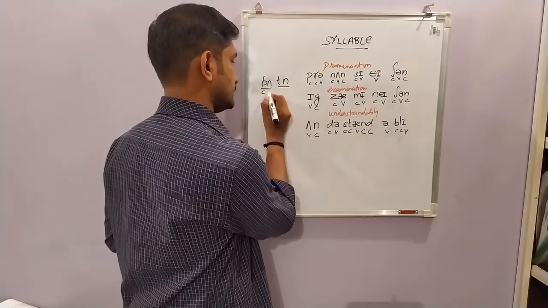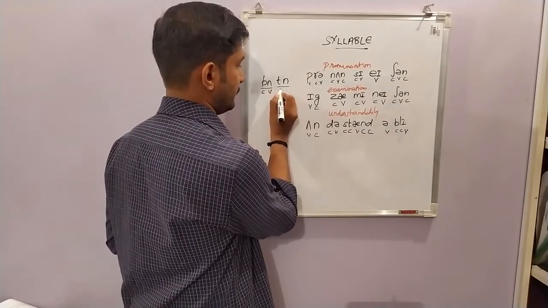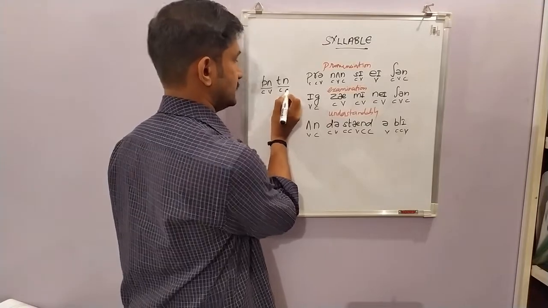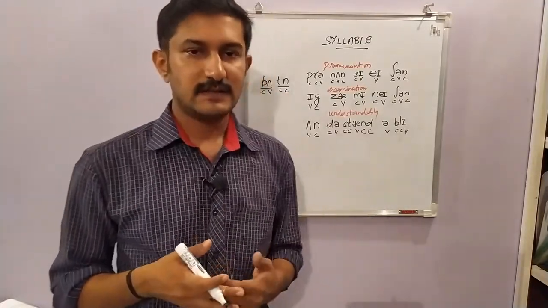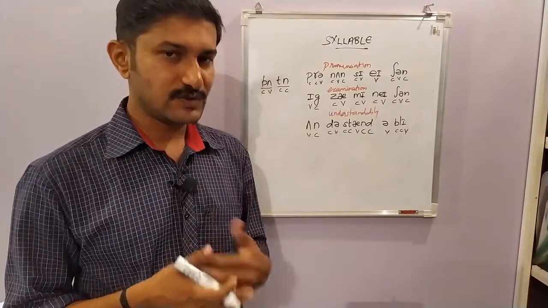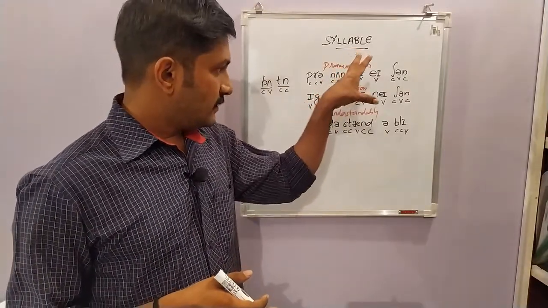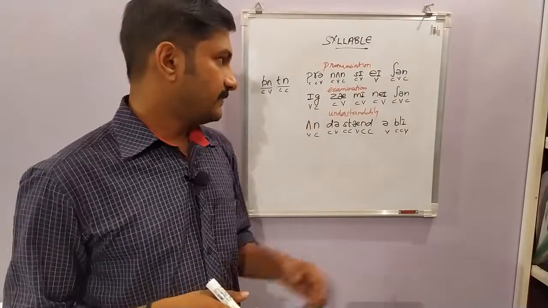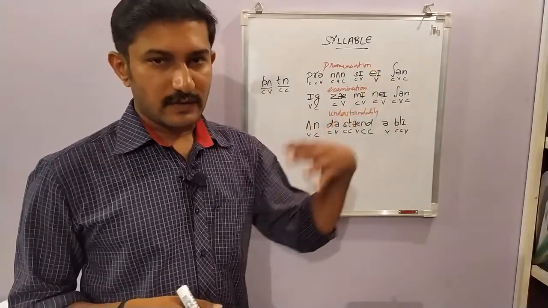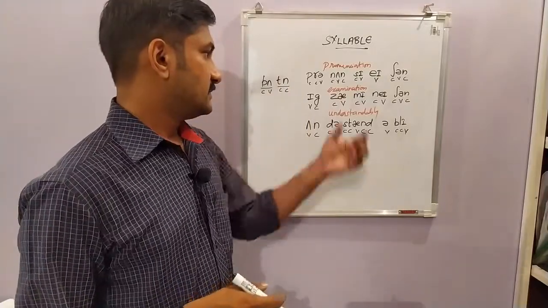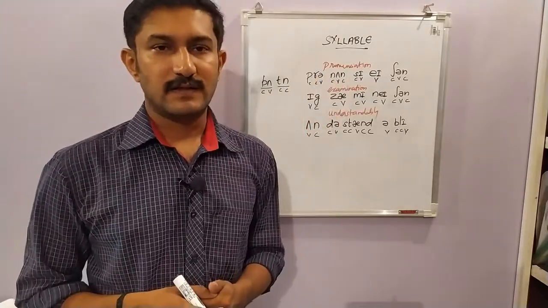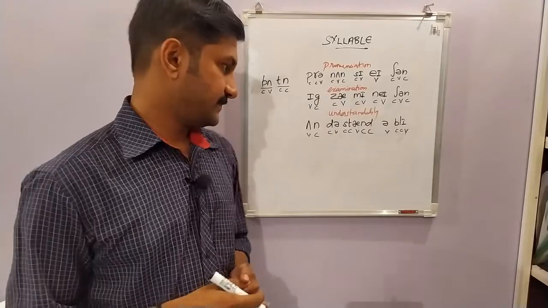In the first one there is a consonant and a vowel. Coming to the second one, we have both consonant sounds. So there are certain situations where syllables are created even without vowels. So usually a syllable is constituted by a vowel sound or a diphthong sound, and this forms the nucleus of the syllable, and the remaining consonant sounds are the marginal elements.